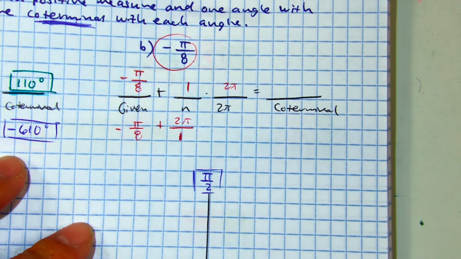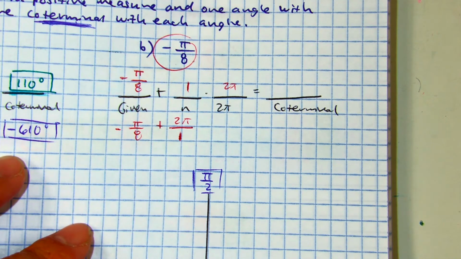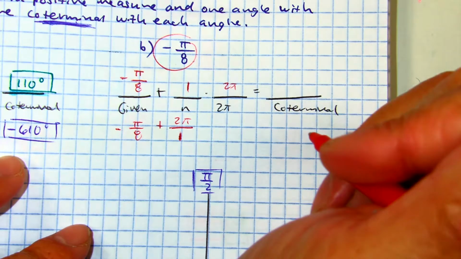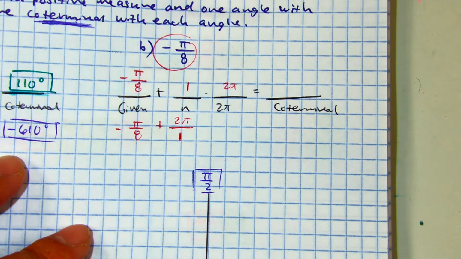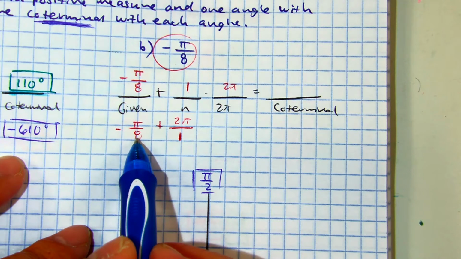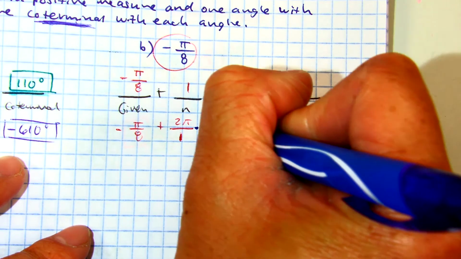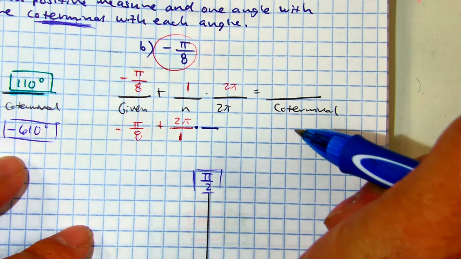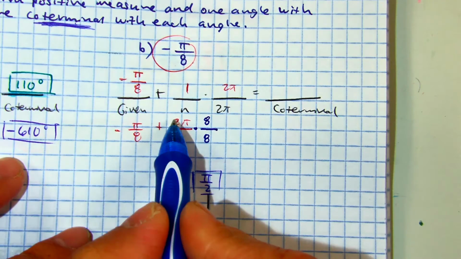Can I add those fractions? Nope. So what do I have to do to this one? This one has a denominator of 8. That's your hint. So I'm going to have to multiply by 8 over 8. Multiply across, what does that give you?